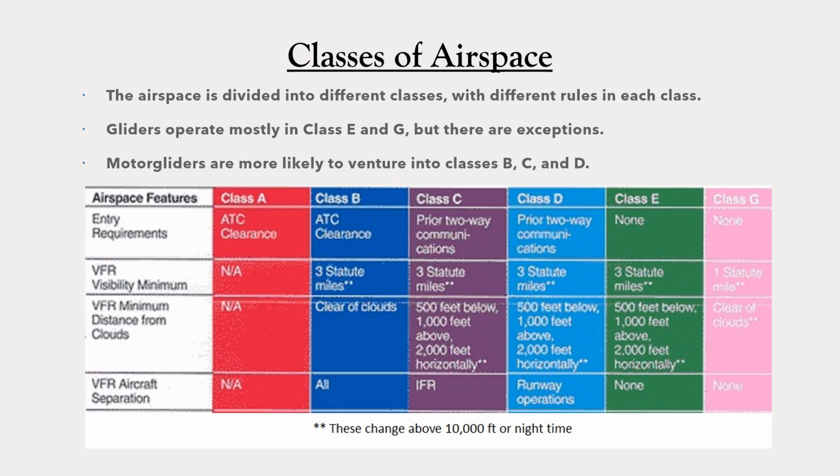But if you operate a motor glider, then it wouldn't be uncommon for you to go into B, C, and D type airspace. So that's the reason that the FAA requires you to know things about those airspaces to get your glider rating.